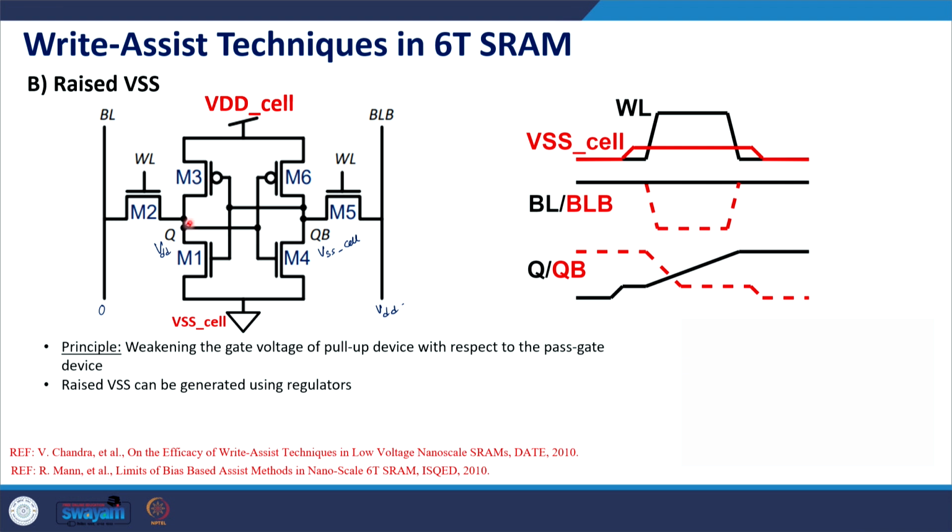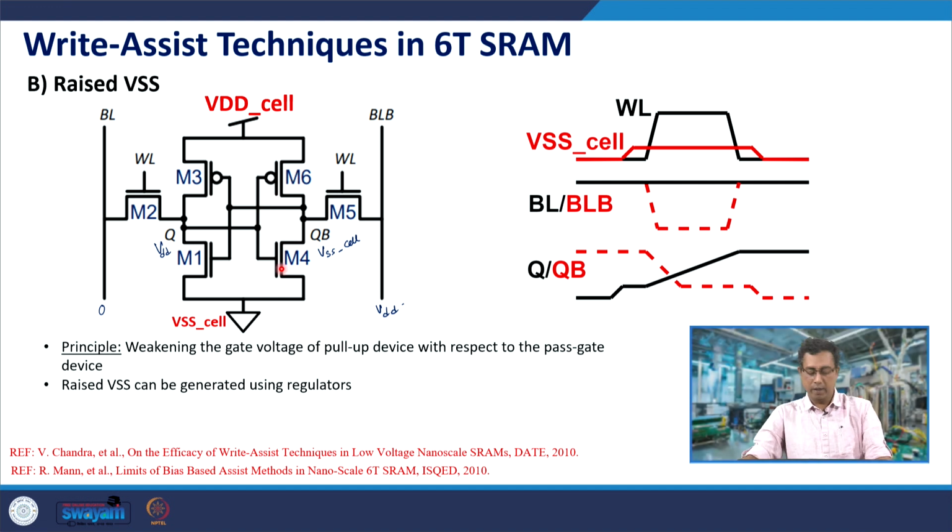Since M3 discharges earlier, Q would be discharged faster, that would turn on M6 earlier and turn off M4 earlier. So, the entire process of flipping would happen earlier. So, the speed of writing increases. Here VSS cell is asserted high with the word line being high, and you can see that QB is now to be charged from a higher value, like it is here.